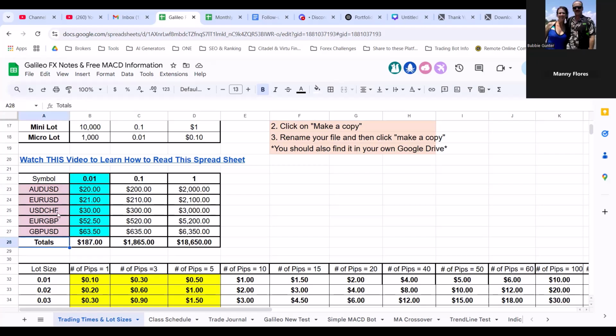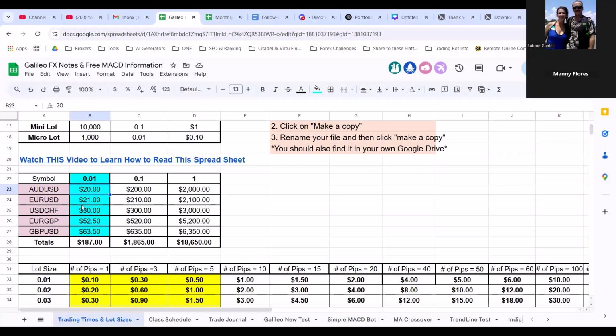And Galileo or MACD or whatever buys the Australian US dollar. Now you just lost. You've got a $500 account. It takes $20, so you've got 480 free margin left.